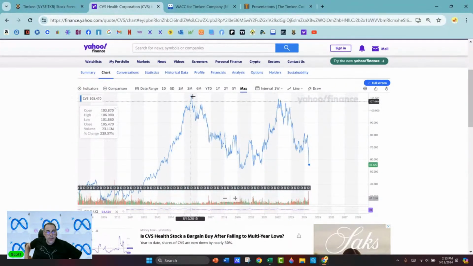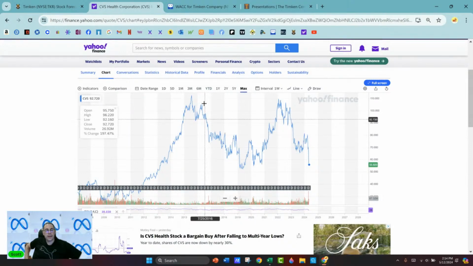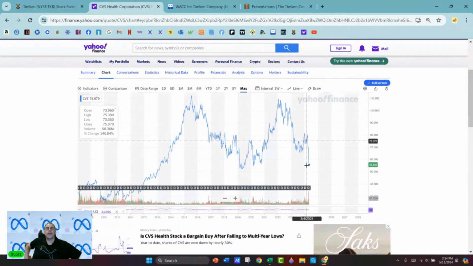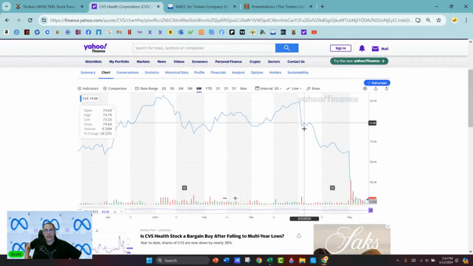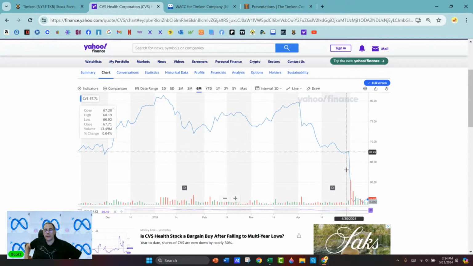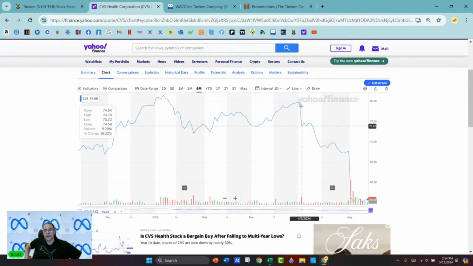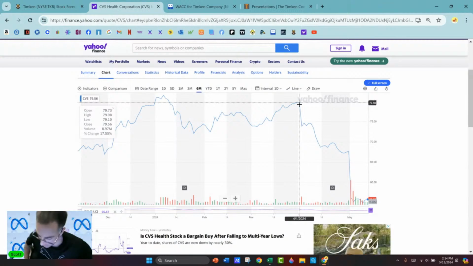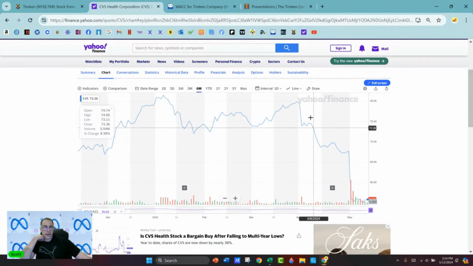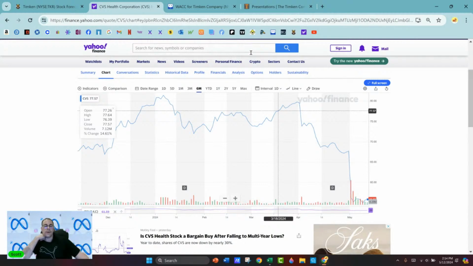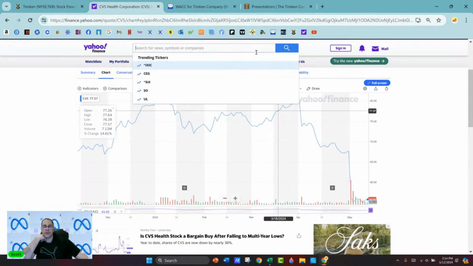It was even higher in 2015. Imagine buying up here. That'd be a nightmare. After 9 years, it's got to rebound. I mean, just in a month, it's down like, what, 30%? It's got to rebound.